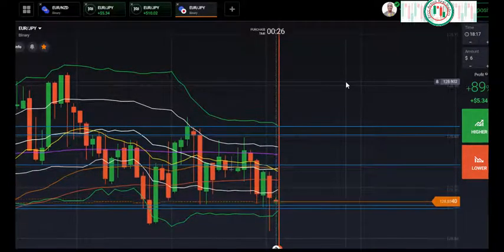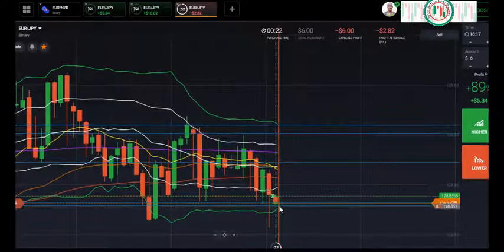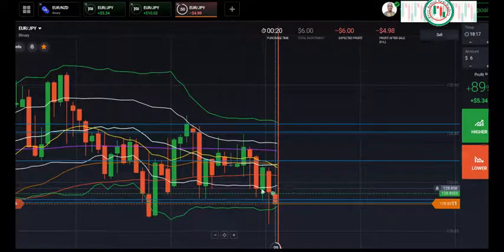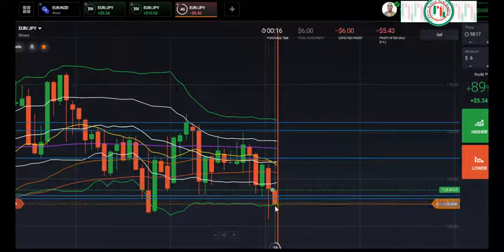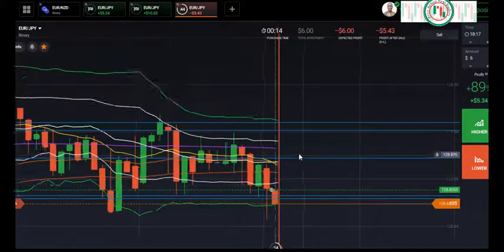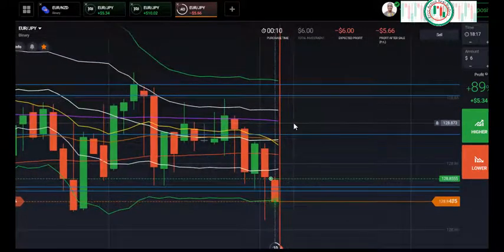I'll place my trade call option here. I place my trade call option here because I know this candle must go up. This candle must be green. So that's why I place my trade call option. So let's wait and see.